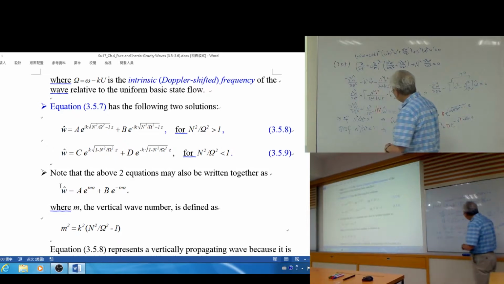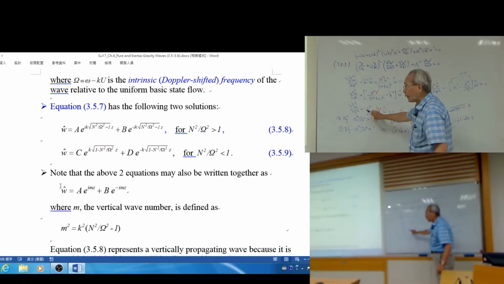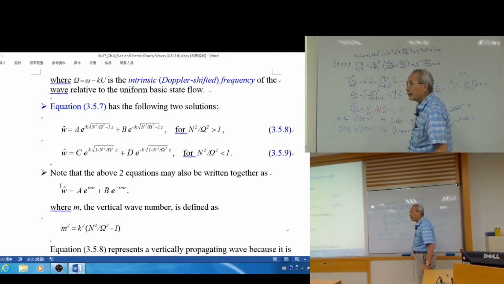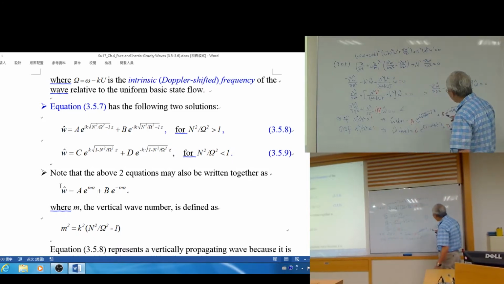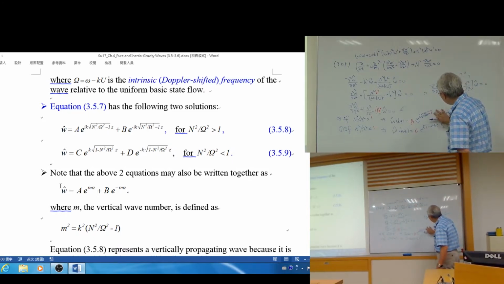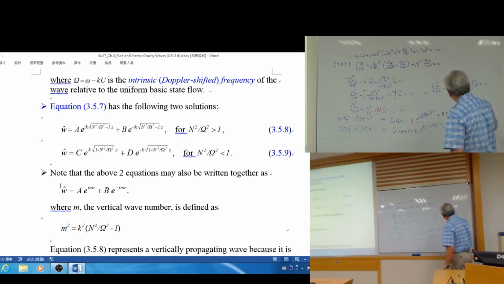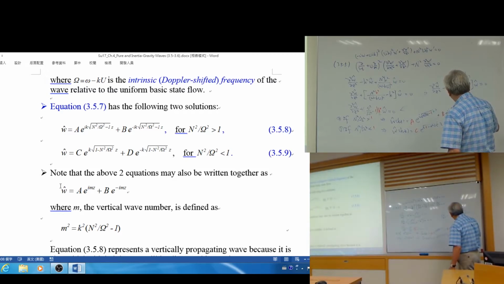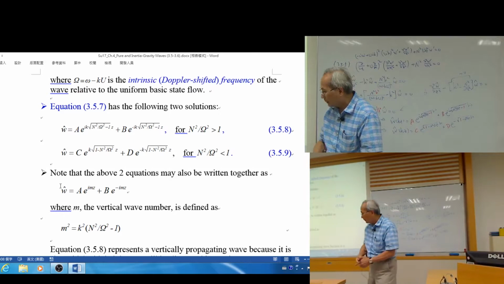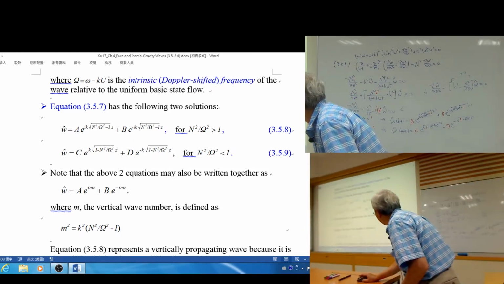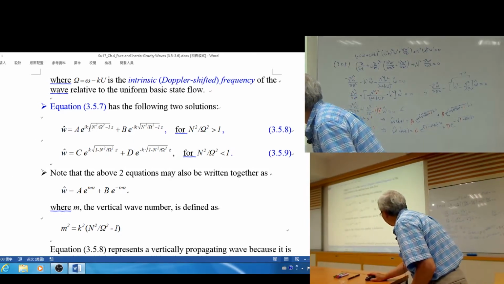See here, when I rewrite it this way, I have a k squared here, so in the solution we're supposed to have a k. k here, k here. Look at this, you have a k here, or you can write a k in the front. k here, k here, k here, k here.